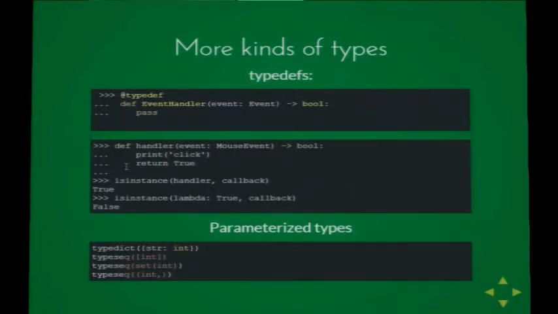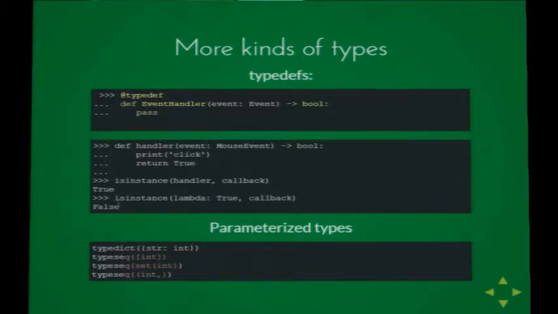And it would be nice just to define this typedef type, which is basically a function implementing this signature. And then in your handler, you can say that event is from type mouse event. And that can be checked at runtime.